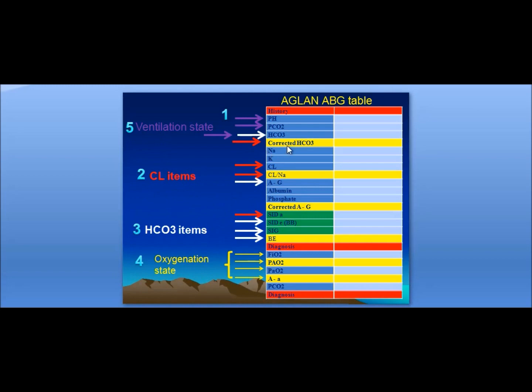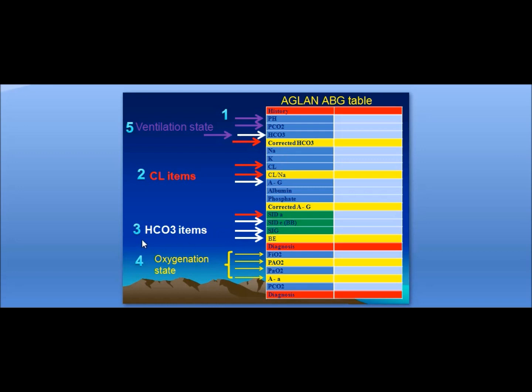This Aglan table, as I have mentioned before, is formed of measured values and calculated values. To start with, number 1, by the pH. Number 2, the chloride items. Chloride items, serum chloride, chloride sodium ratio, corrected bicarbonate, and strong ion difference.